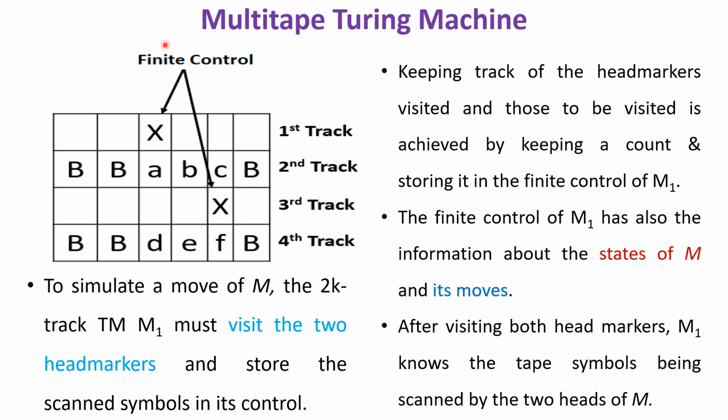The finite control of M1 also has the information about the states of M and its moves. After visiting both the head markers, M1 knows the tape symbols being scanned by the two heads of M.